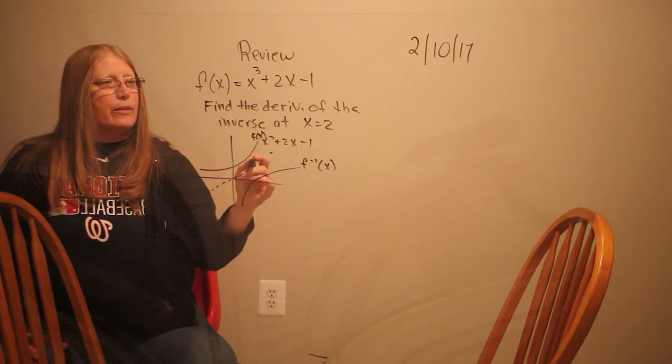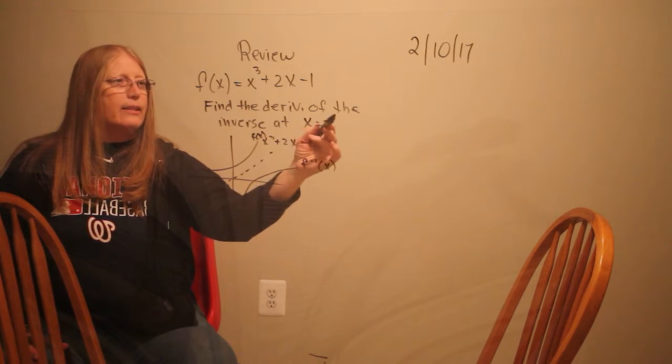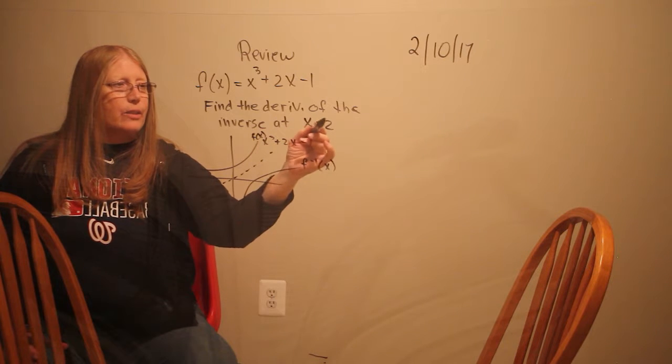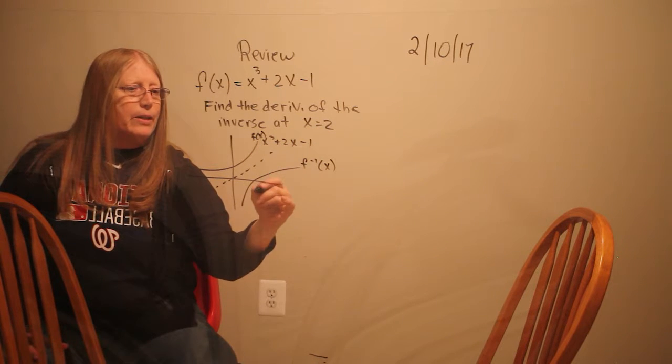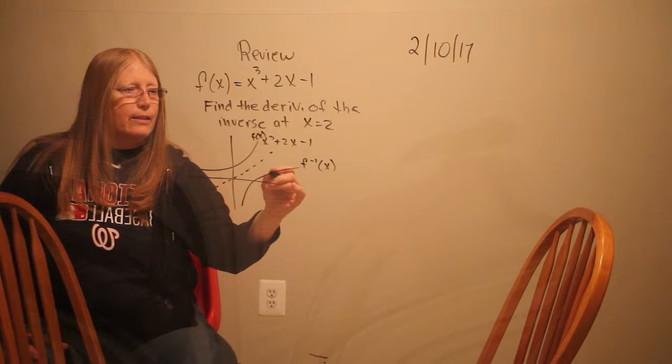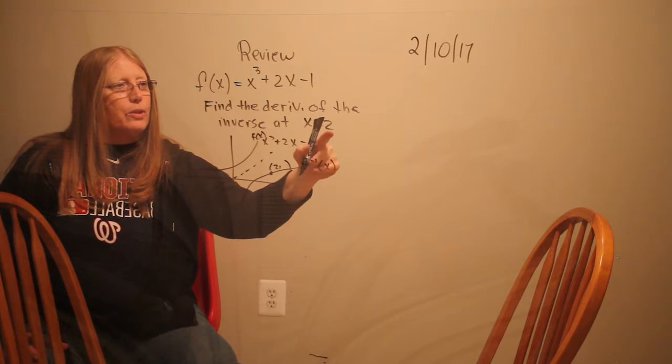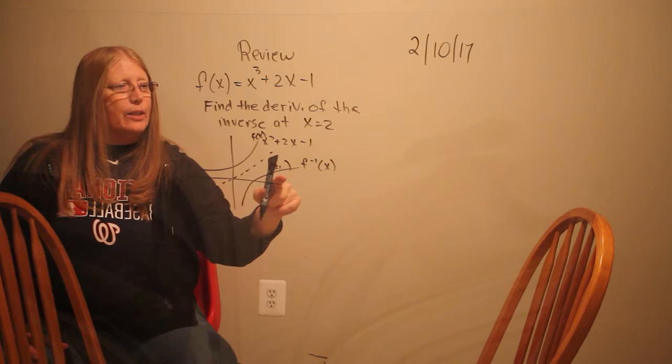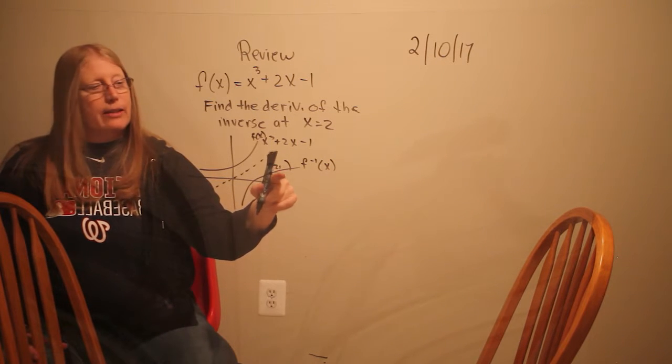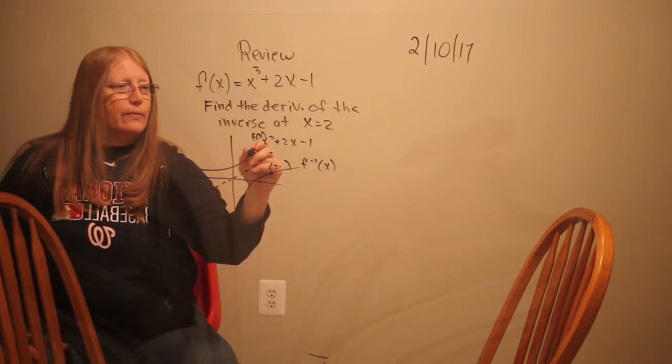And now we are looking at the derivative of the inverse at x equals 2. So somewhere on the inverse function, the value of 2 appears. So 2 as the x value on the inverse means that it's the y value on the original function.